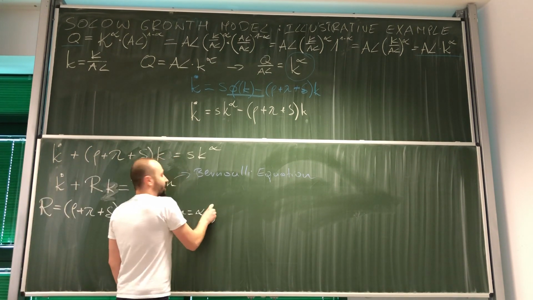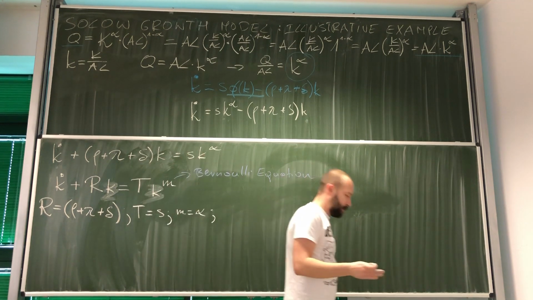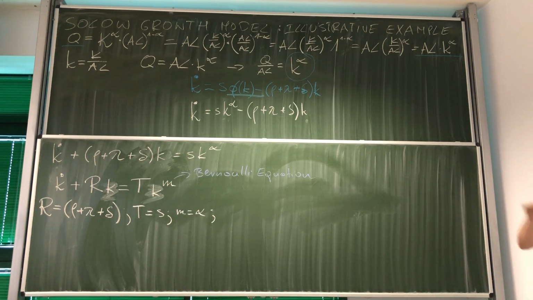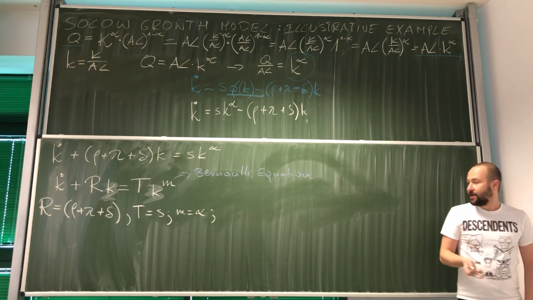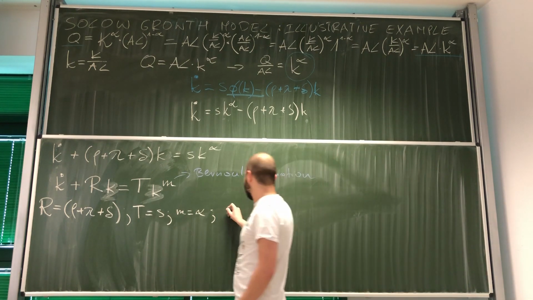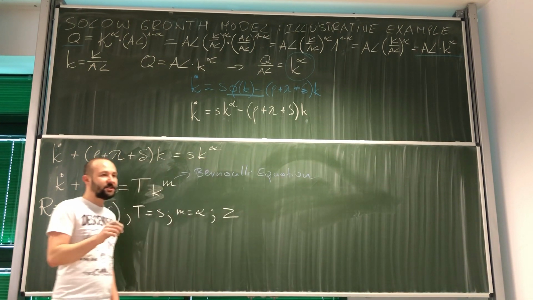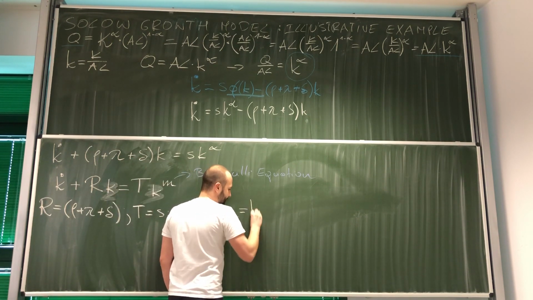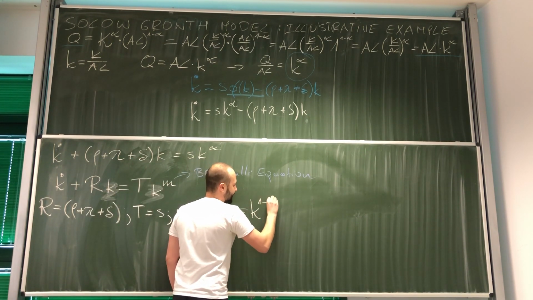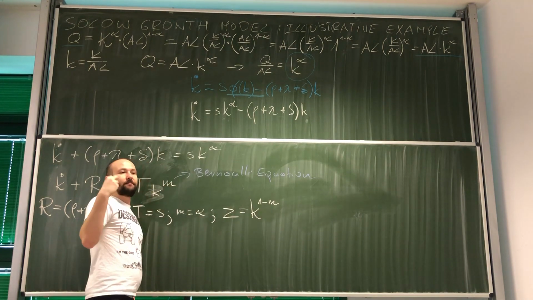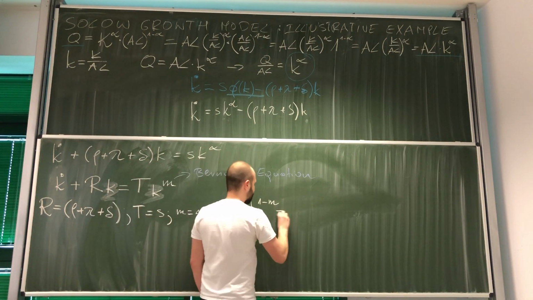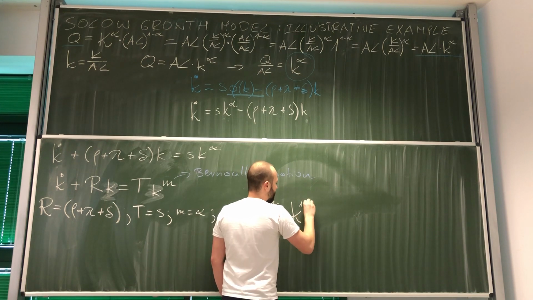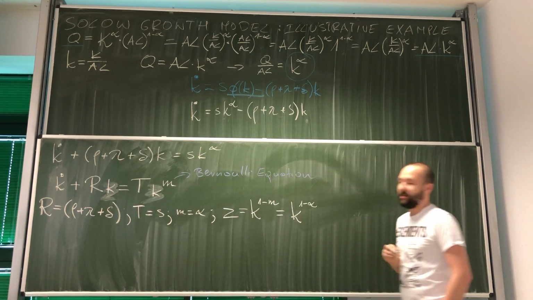So what do we do when we try to solve a Bernoulli equation? We perform linearization. We define variable z, equal to k to the power 1 minus m, which in our case is k to the power 1 minus alpha.